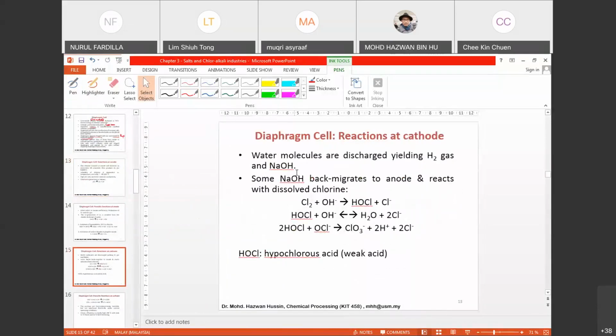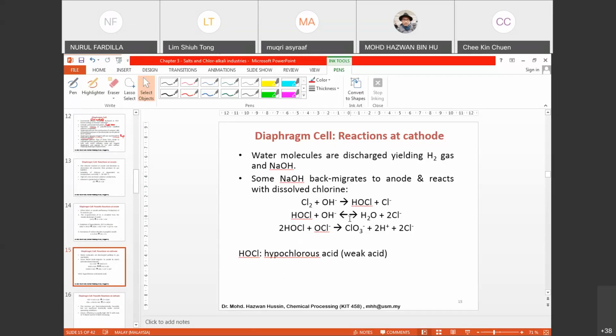Okay. Some sodium hydroxide can back migrate to the anode and react with dissolved chlorine. What happens is when sodium hydroxide forms, it can still dissociate into sodium plus and OH minus. It can back migrate into the anode and react with chlorine gas to produce hypochlorite.